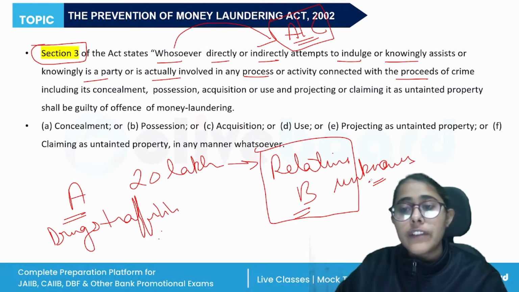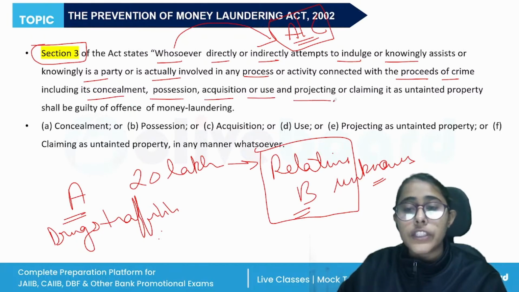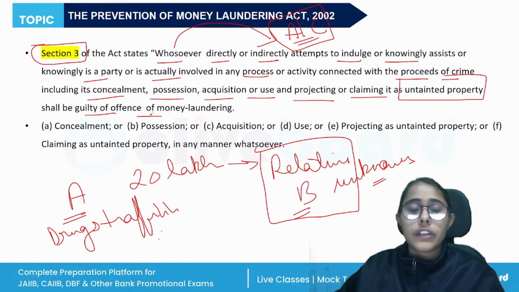All right. So when we talk about the proceeds of crime, including the concealment or hiding, possession, acquisition, use, and projecting or claiming it as untainted property, shall be guilty of the offense of money laundering. So what all is included in money laundering?